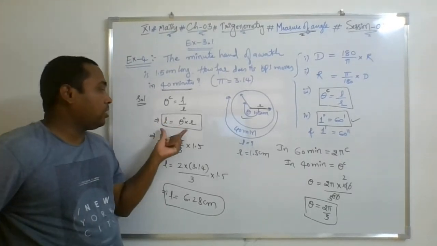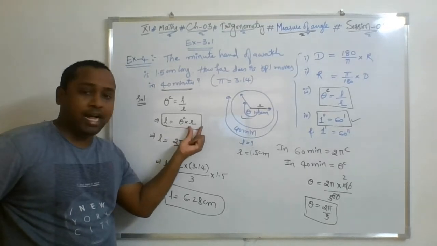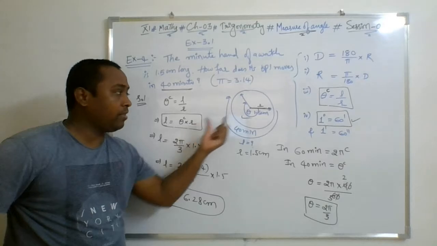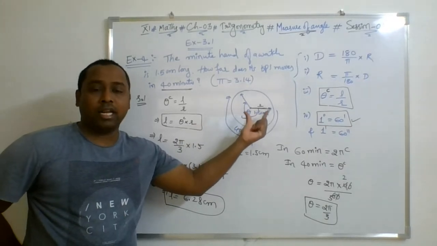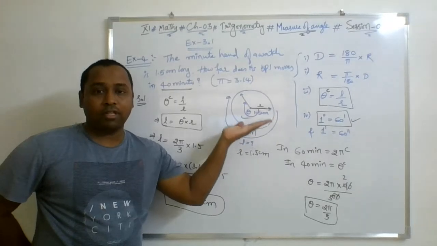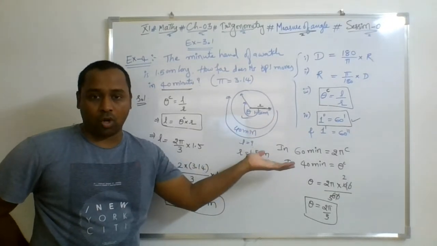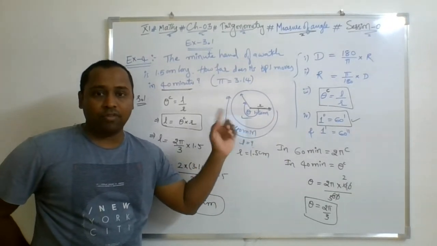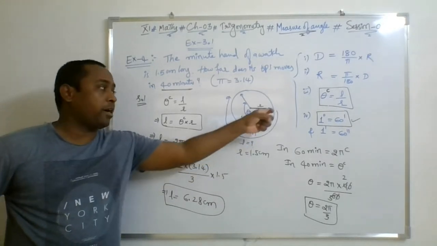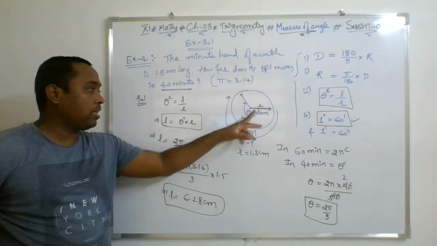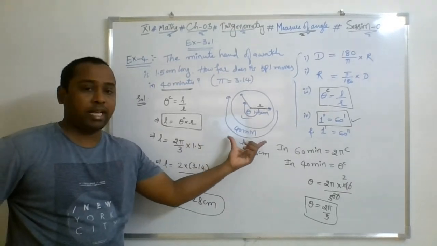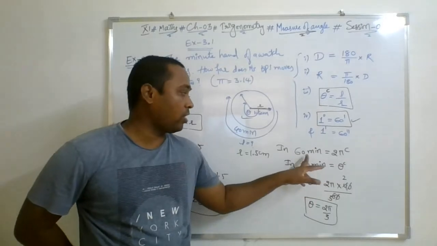So to get the length of arc, I require theta as well as radius. But the radius is nothing but simply the length of the minute hand, the length of the second hand, or the length of the hour hand. Whatever the hands, the three hands in a clock, basically the length of the hand is considered as the radius for the particular circle, and the angle subtended by them at the center is simply calculated by using this relation.